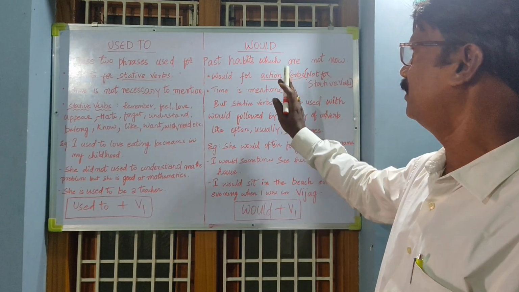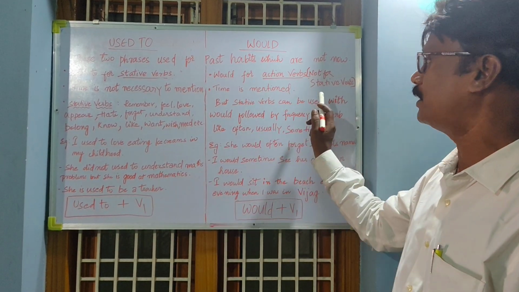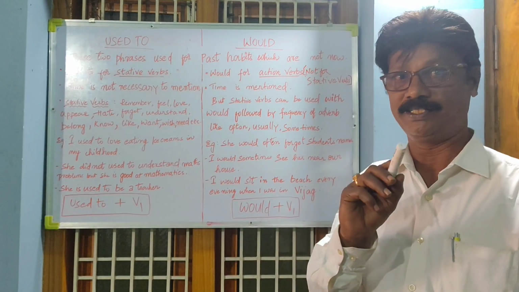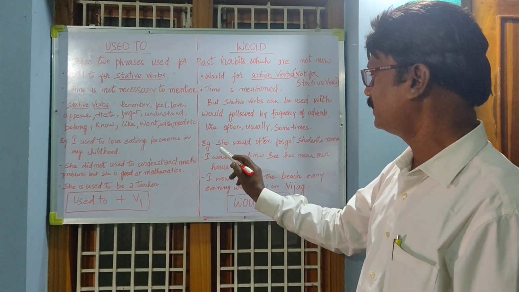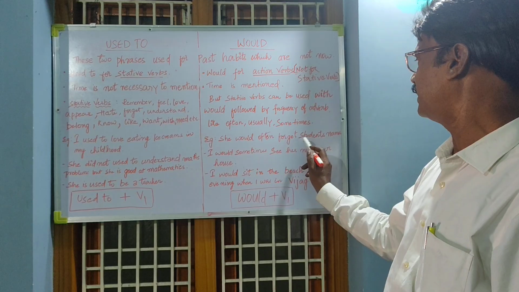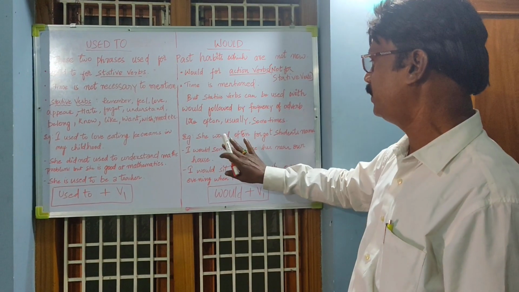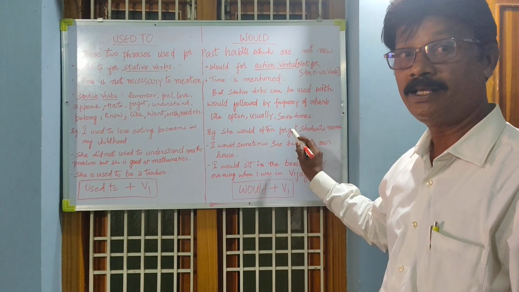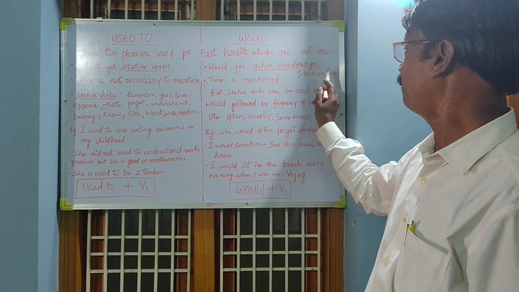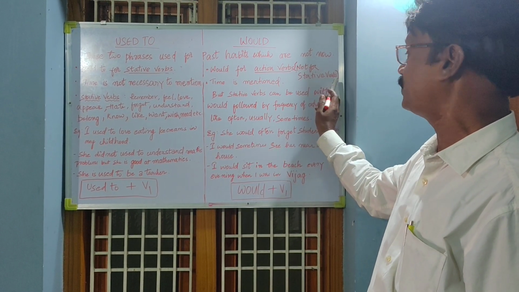And coming to the word would, here a time is to be mentioned. For example, she would often forget students' names. Here forget is a stative verb, but would is not normally used with a stative verb.